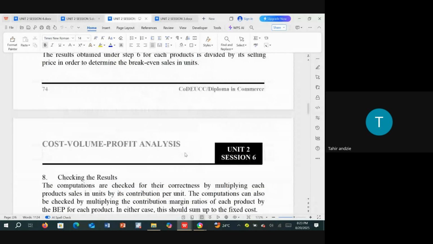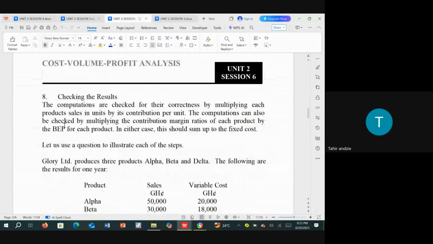All right, so that step 8 here is just a check. Most of the times in examination, you may not need to do step 8. It's just a proof of the fact that the steps you have gone through are correct. So how do you now prove or check the results of our step-by-step analysis?